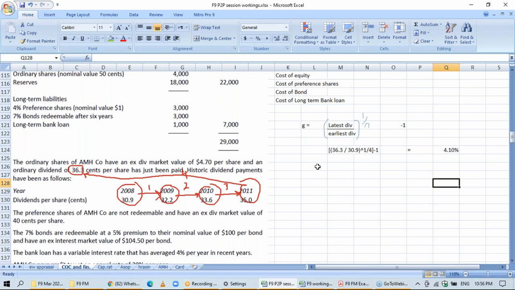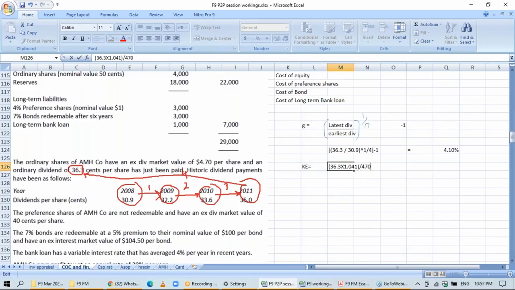Now, using the dividend growth model, the same formula as we used in the previous part, the dividend we have right now is 36.3. So 36.3 is the dividend multiplied by the growth rate 1.041, and this gives you the dividend divided by the market price.